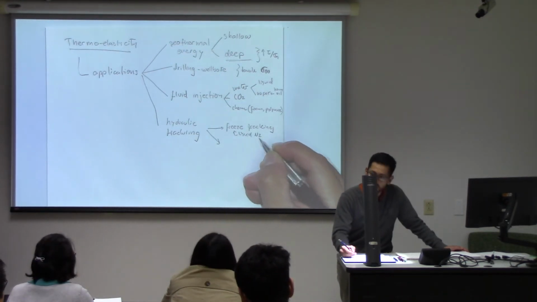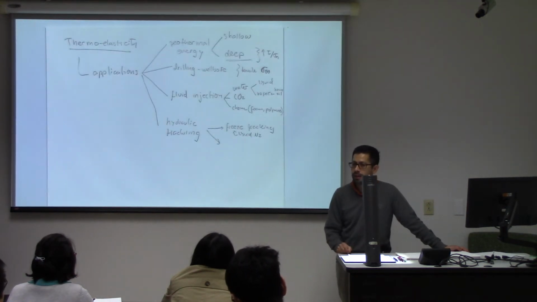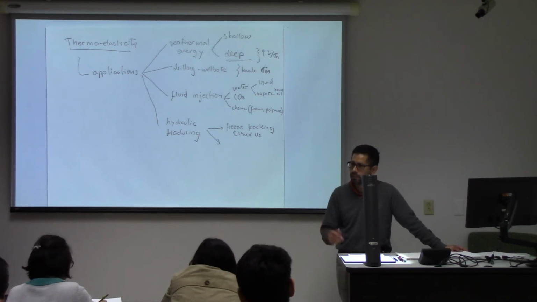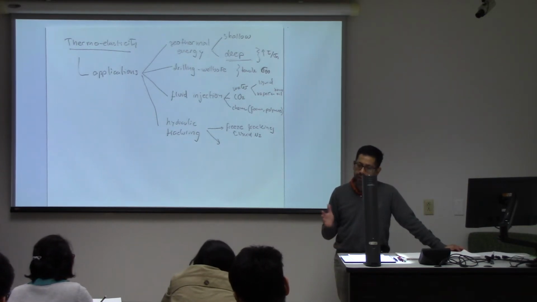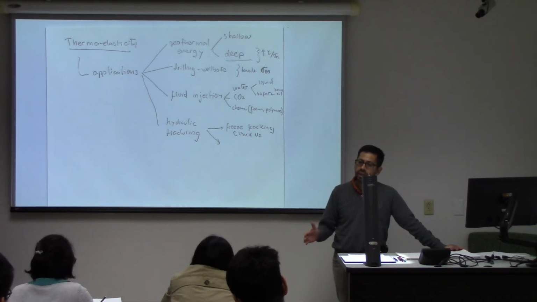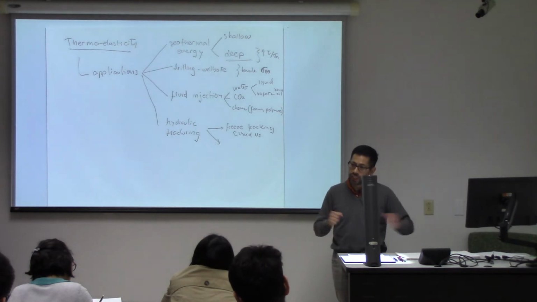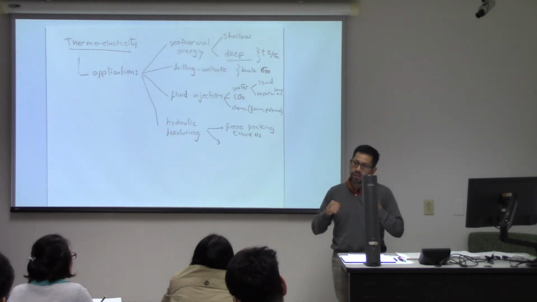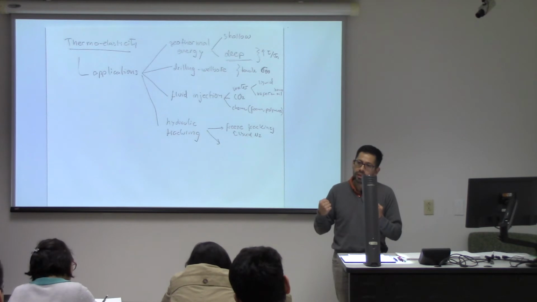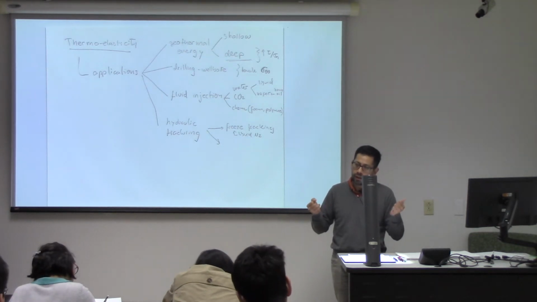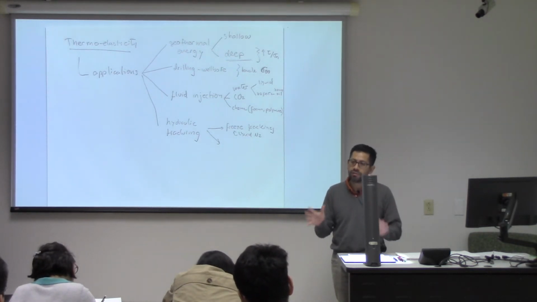If we were to inject liquid nitrogen at very low temperature, I don't know what the temperature of liquid nitrogen is, but it's like minus 100 C, 150 C, something crazy. So the idea here is that you inject liquid nitrogen and that cools down the rock very quickly so that the rock shrinks. And as it shrinks, you create tensile stresses that help hydraulic fracture propagation and hydraulic fracture branching.